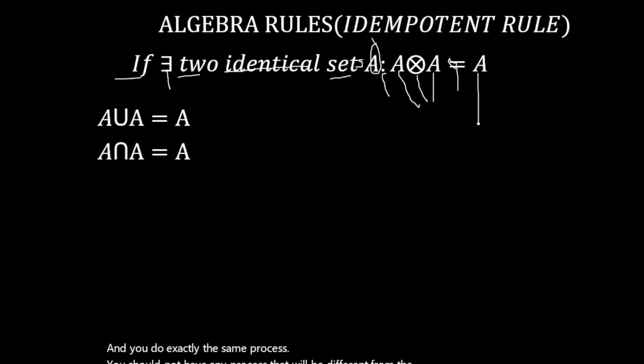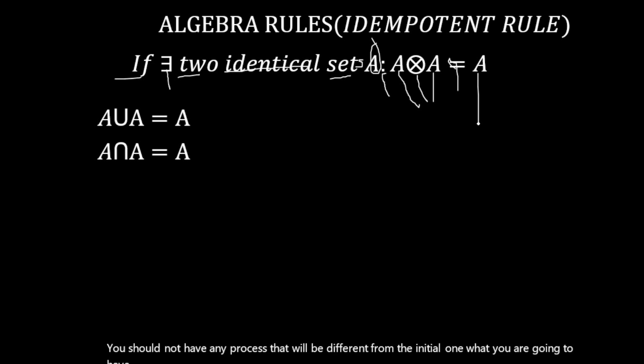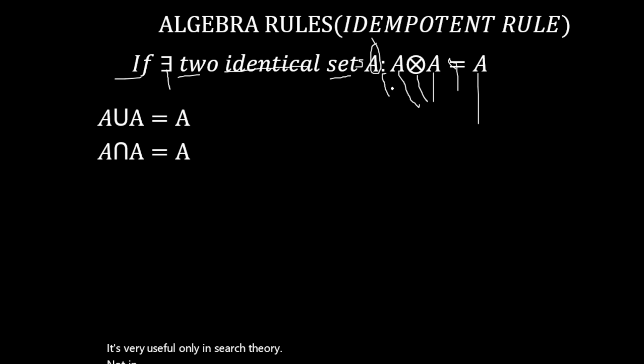What you are going to have is the same process. This is what this one is telling you. This is very useful only in set theory, not in our addition, subtraction, multiplication mathematics. Examples are A union A is equal to A and A intersection A is equal to A.